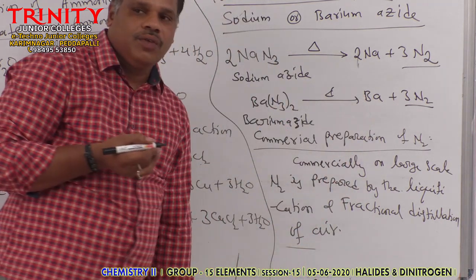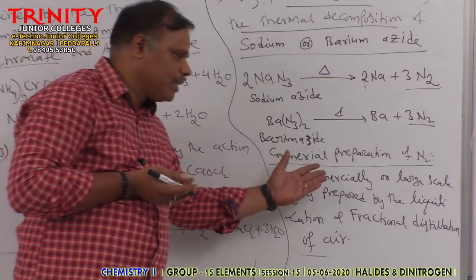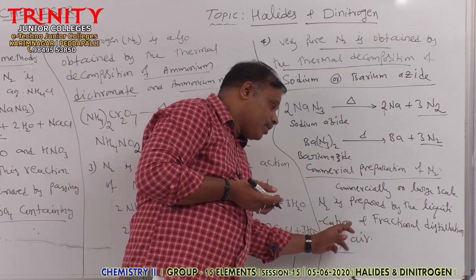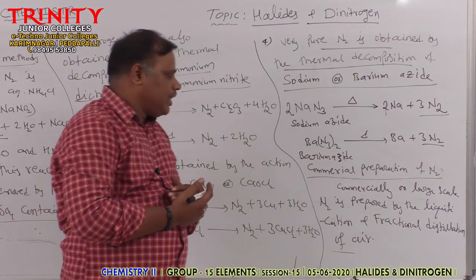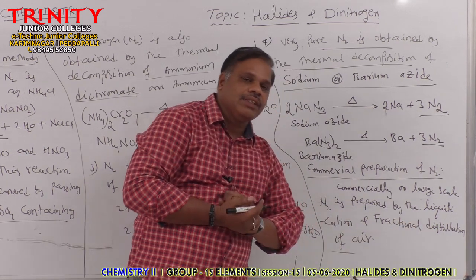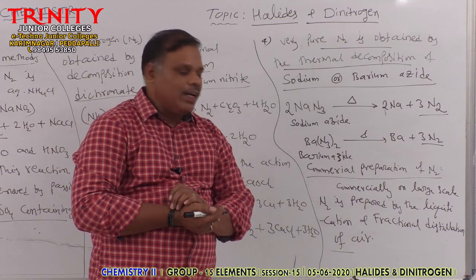Air has almost 79 to 80% nitrogen, dinitrogen, and 21% oxygen. Air on liquefaction is converted into liquid state and further subjected to fractional distillation. Fractional distillation means the substances are separated by the difference in their boiling points.